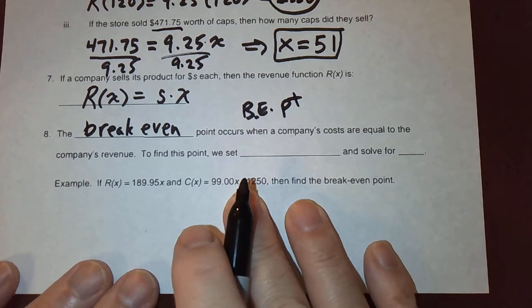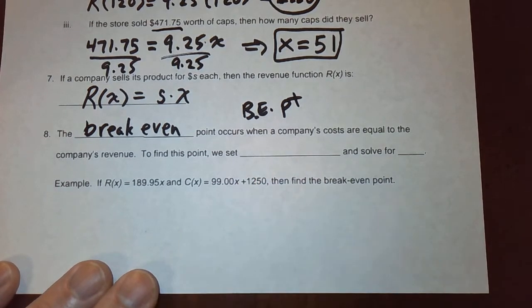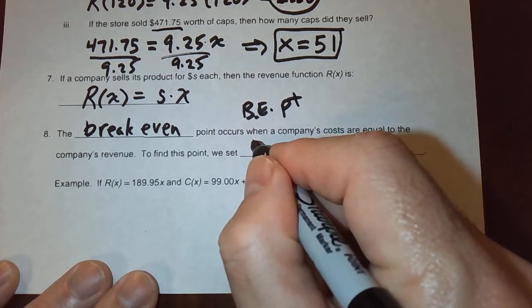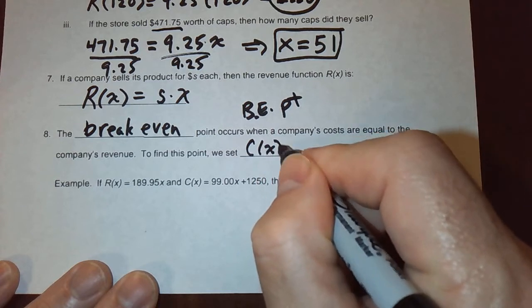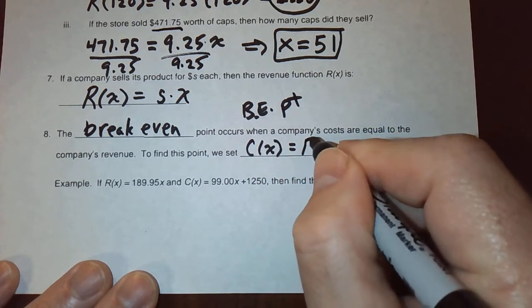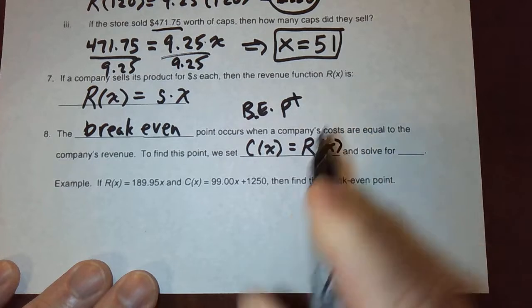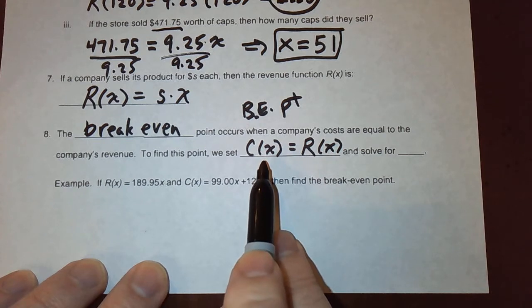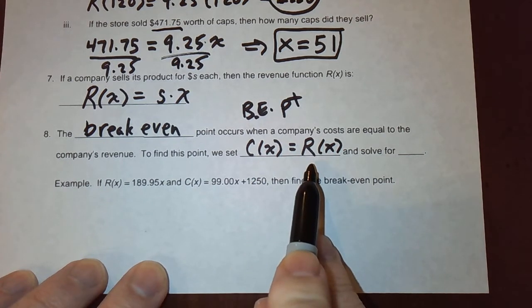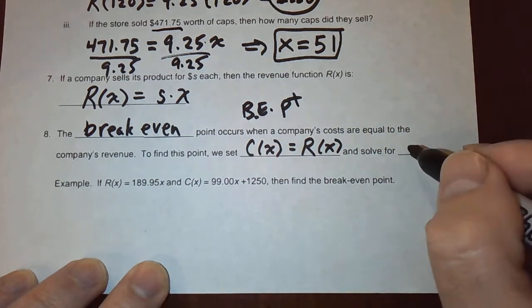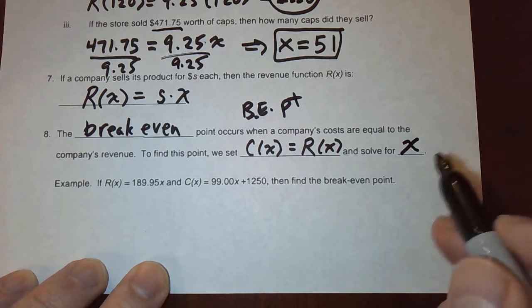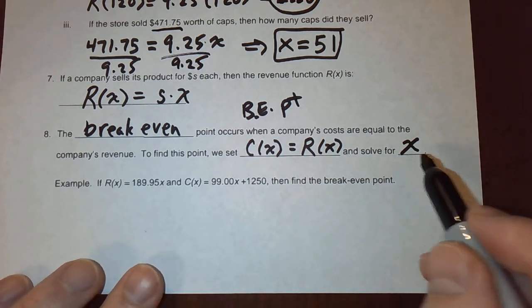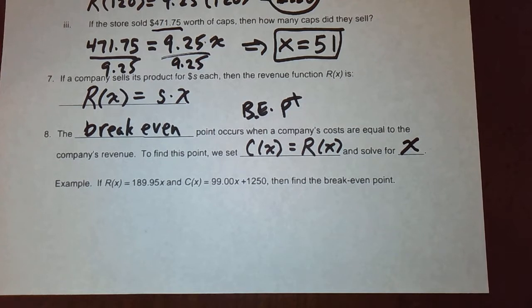To find this, we're going to set the cost function equal to the revenue function. The costs for the month are equal to the revenue for the month. Set them equal to each other and find out that break-even number, sometimes called the break-even quantity.